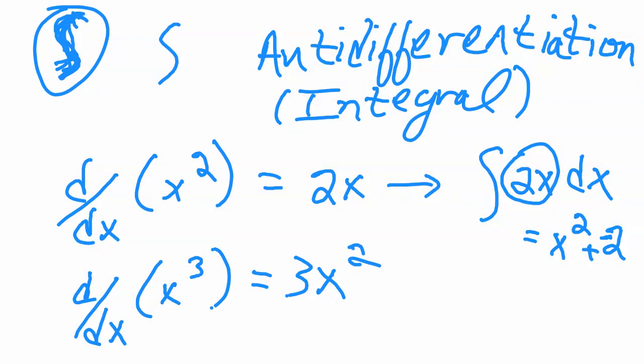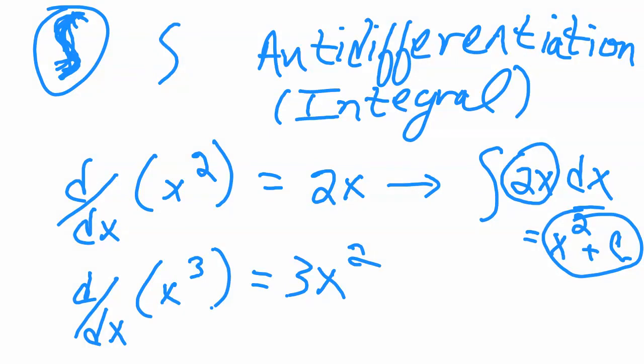So really I can add any constant, positive or negative, to this. And so instead of writing it as just x squared, what I can do is put plus c. Okay, so the antiderivative of 2x with respect to x is x squared plus c.